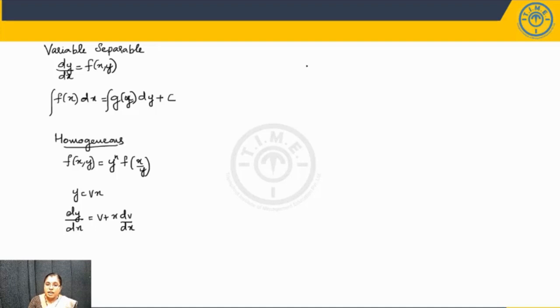And the third case is the linear differential equation. We have the differential equation of the form dy by dx plus py equal to q, where p and q are functions of x only.